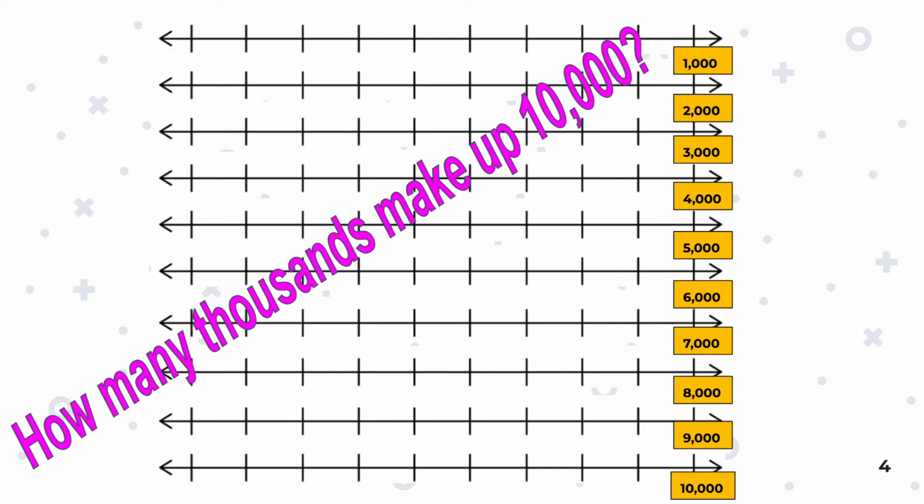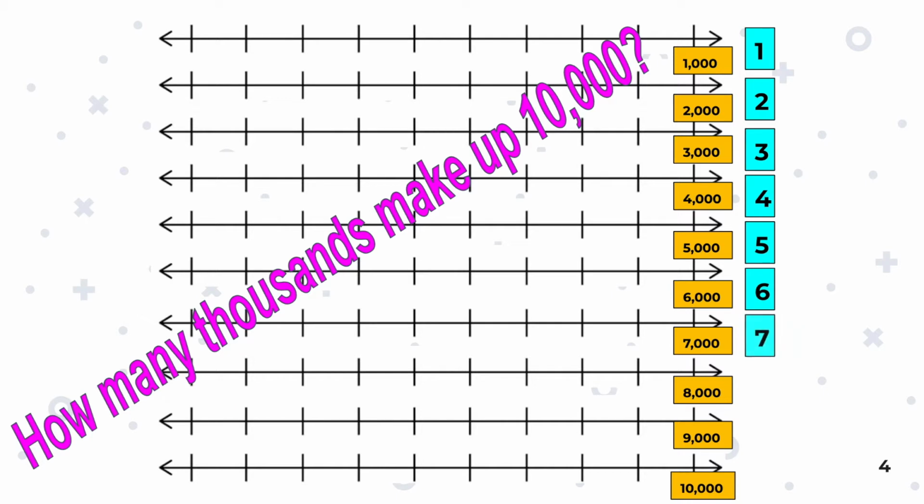Remember, each number line represents 1,000. 1, 2, 3, 4, 5, 6, 7, 8, 9, 10. 10 thousands make up 10,000.